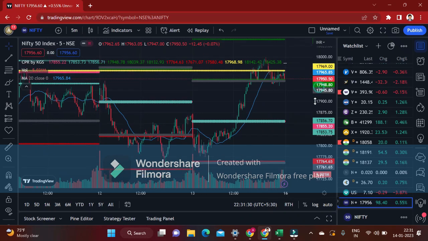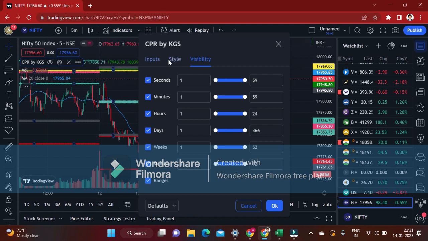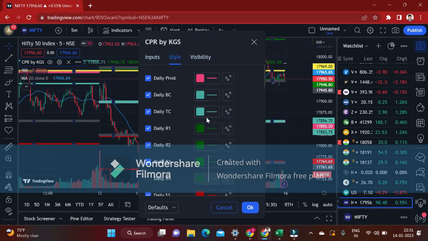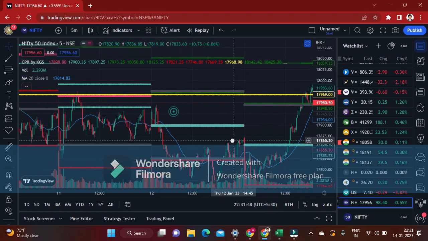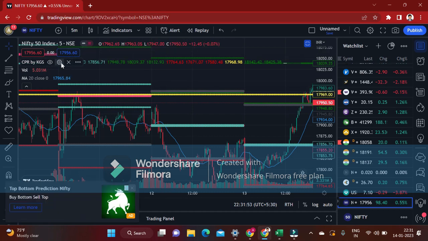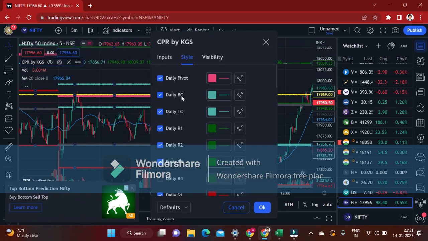Apart from that, whatever color you want to give on that indicator, I have just put this style. R1, R2, R3 I kept. Then the daily TC, this three-line CPR is there. This is the TC, BC and the daily pivot. Sorry, BC in this one is up, TC is down and the daily pivot is in the middle.